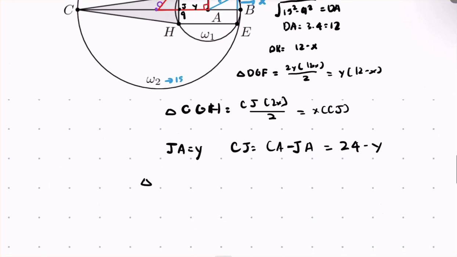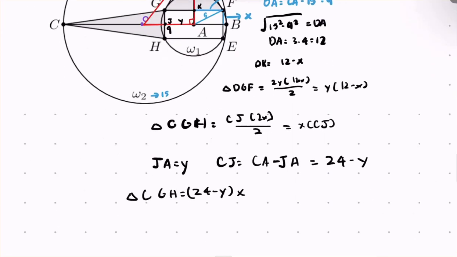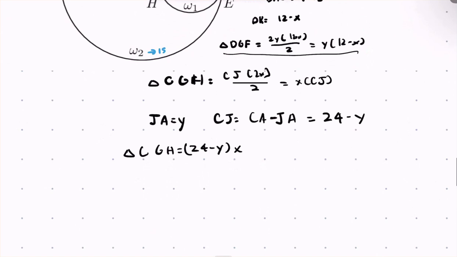So the area of triangle CGH is equal to 24 minus y times x. Now we also know the area of DGF, so we can set these equal: 24 minus y times x is equal to y times 12 minus x.